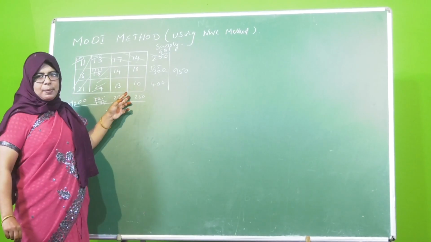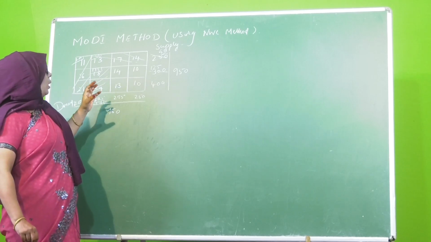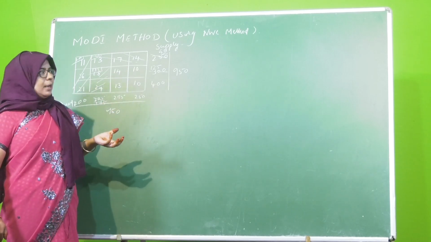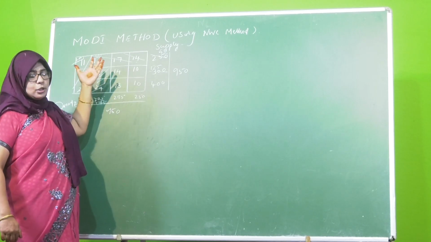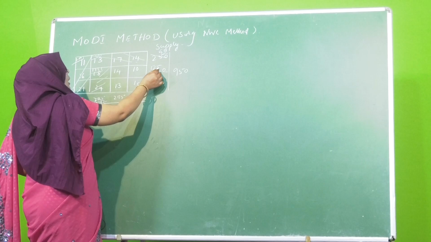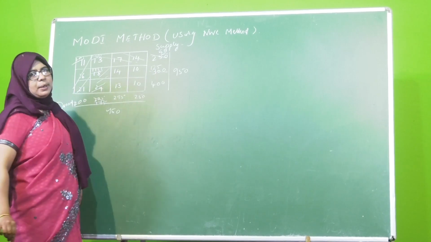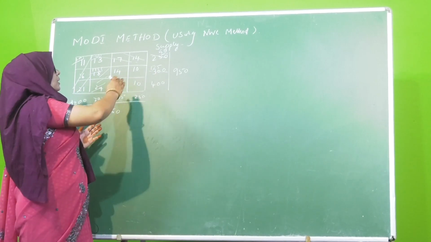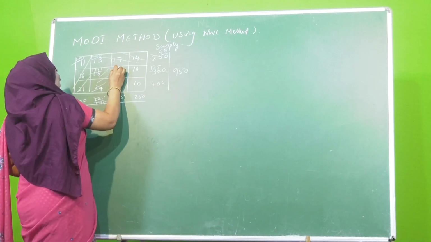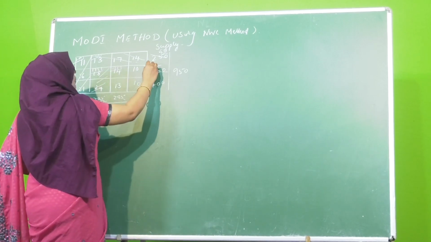So, only 4 elements remain. Among these 4 elements, 14 is the northwest element. The row element is 125 and the column element is 275. Among these two elements, which one is the minimum? Obviously, 125 is the minimum.